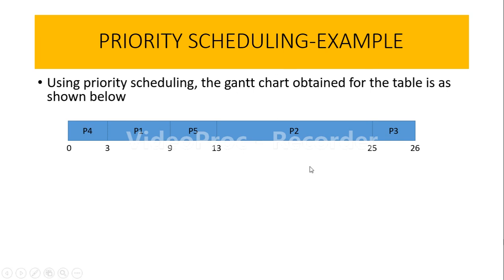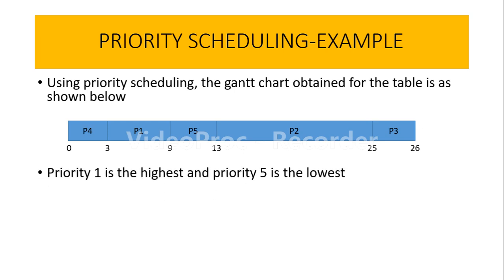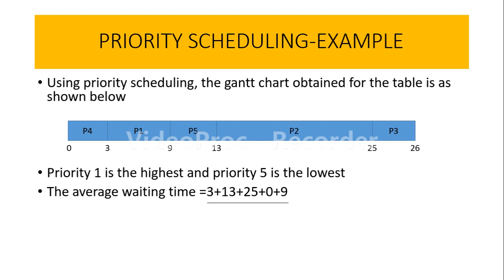Followed by that, the waiting time for P2 will be 13 and the waiting time for P3 will be 25. If you calculate the average waiting time, it will be somewhere around 10 milliseconds.